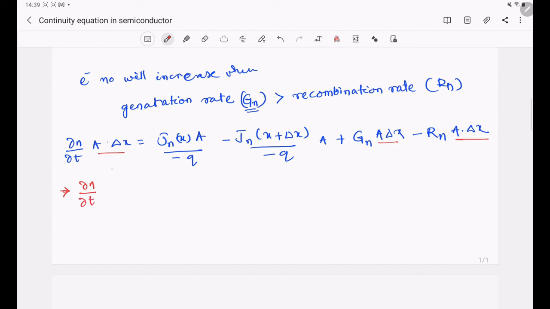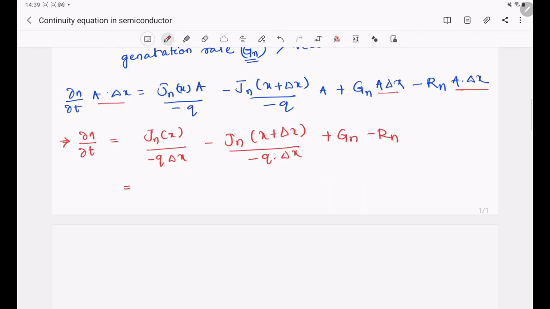That means the increase in number of electrons per unit time will be equal to Jn x into minus q by del x, similarly Jn x plus del x, and plus Gn minus Rn.